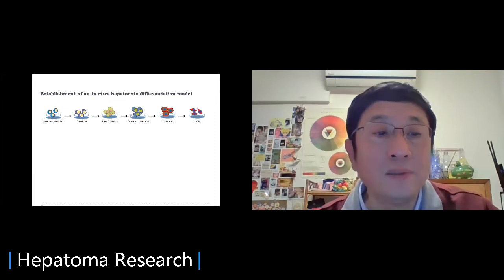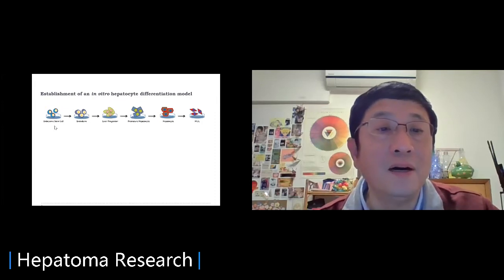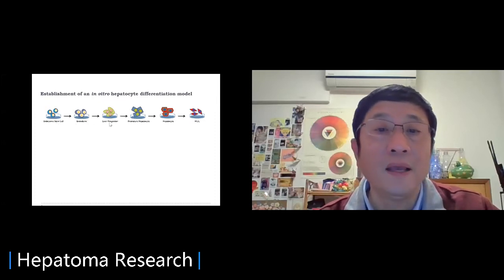Recently we established an in vitro hepatocyte differentiation model, which started from embryonic stem cells, which can be induced to endoderm cells, liver progenitor cells, and mature hepatocytes.